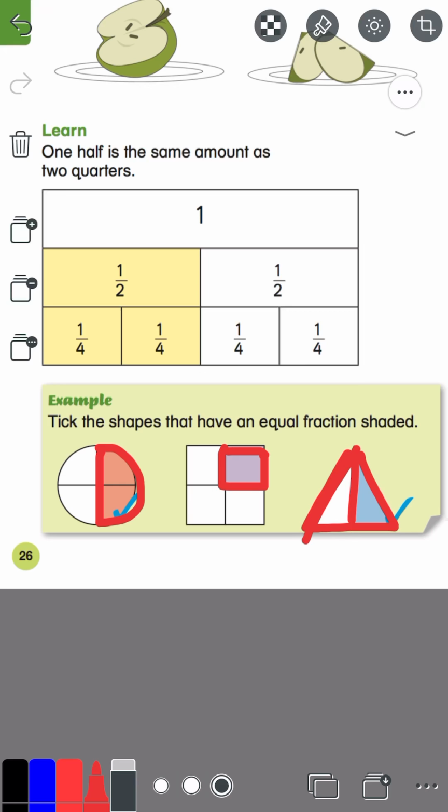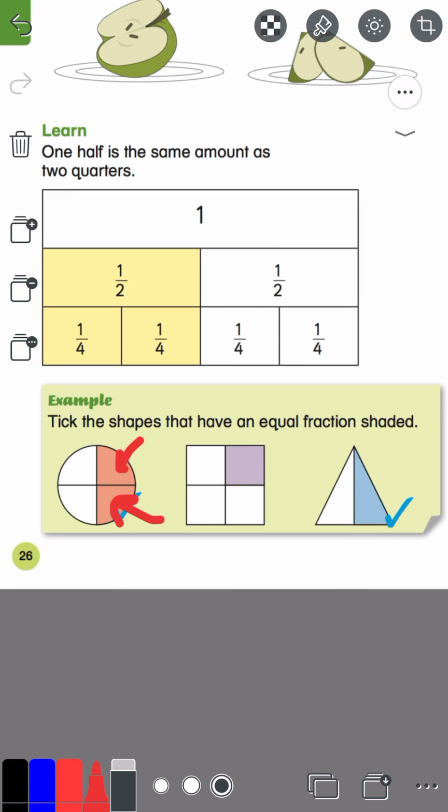So here we have 2/4 colored, and here we have 1/2 colored. So 1/2 here equals 2/4. It's represented in 2/4. So again, 2/4 equals 1/2.